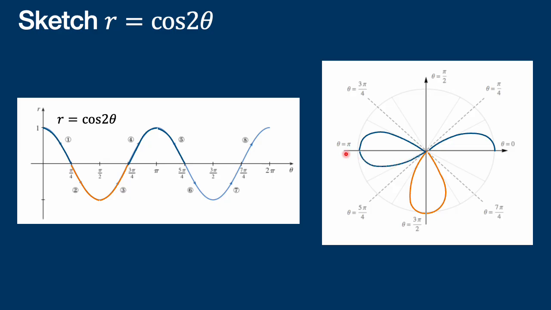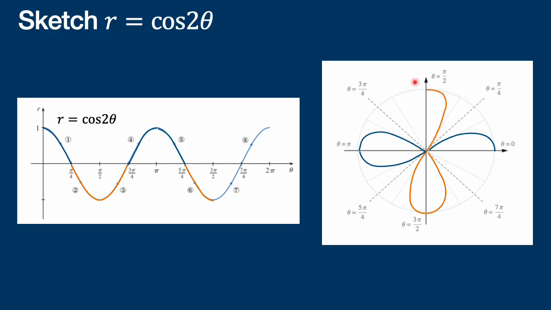Another one, 5 pi over 4 to 3 pi over 2, is negative, so you cannot sketch the graph here. Rotate 180 degrees and sketch there. The start point is 0, the end point is negative 1, so you sketch right there.